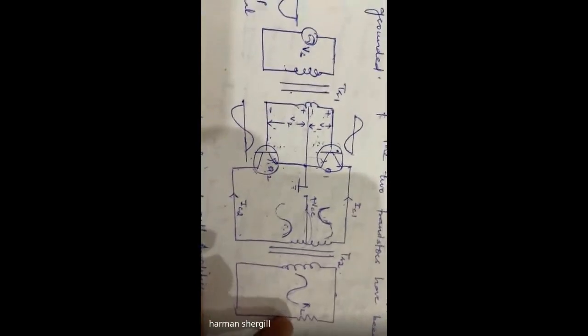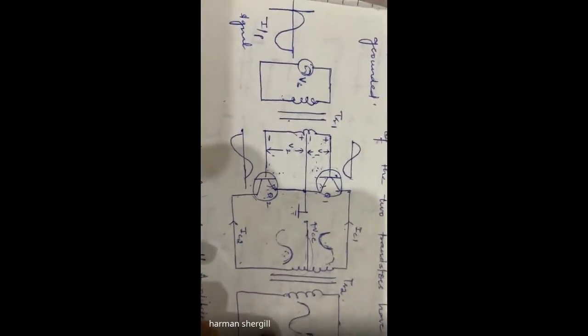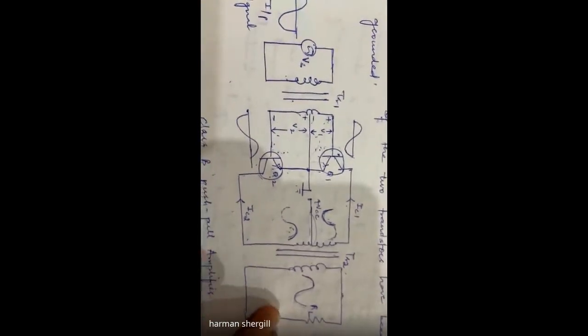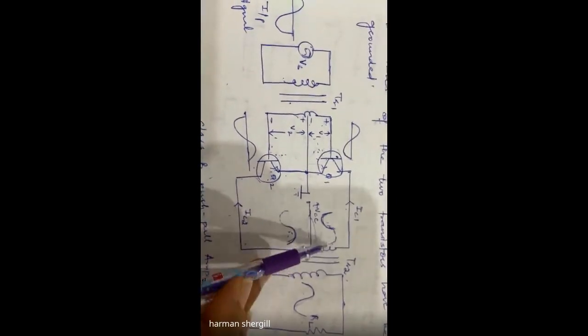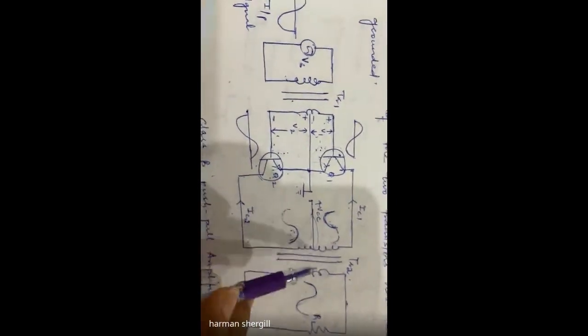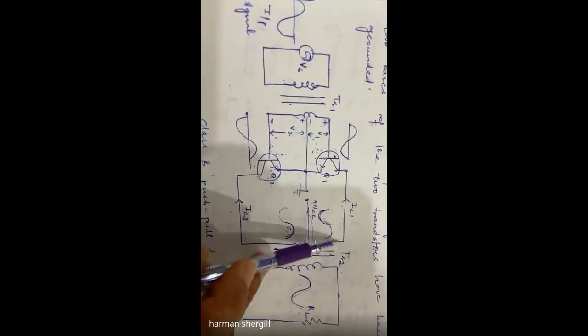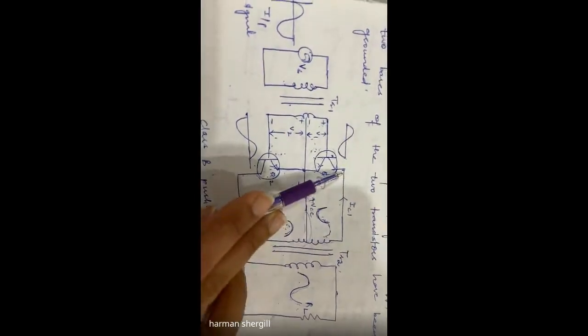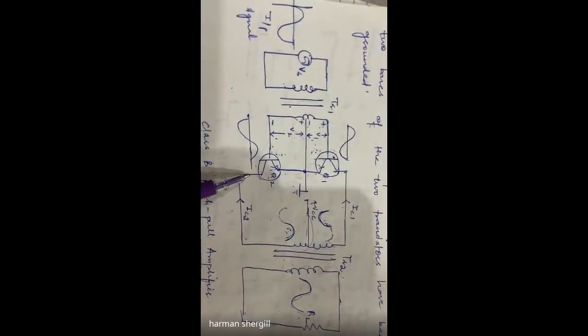This is your load. The load can be a resistor, a loudspeaker, or anything. The load resistance is coupled to the collector terminals of the two transistors through the output transformer. These are the collector terminals.